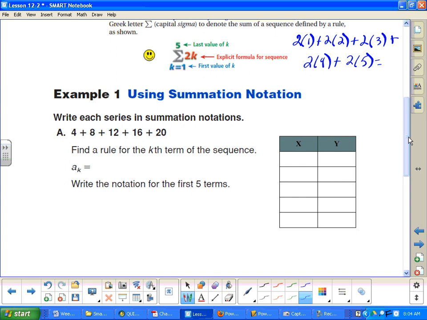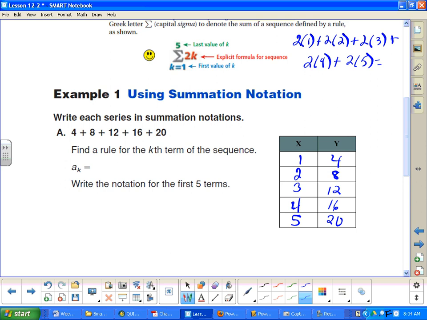Why I put x and y up here, I'm not sure, but they're kind of like x and y. So we have our term numbers, x, 1 through 5. And then y would be the values we get: 4, 8, 12, 16, and 20.